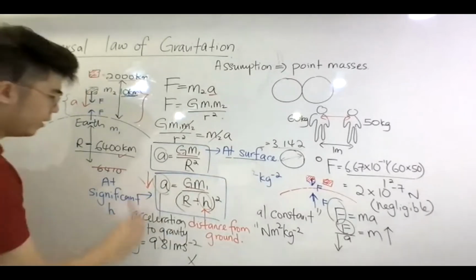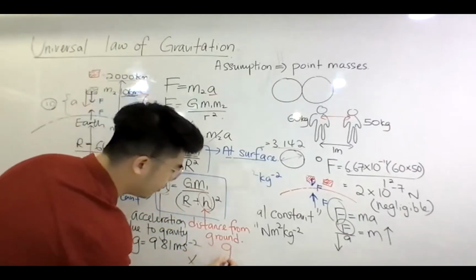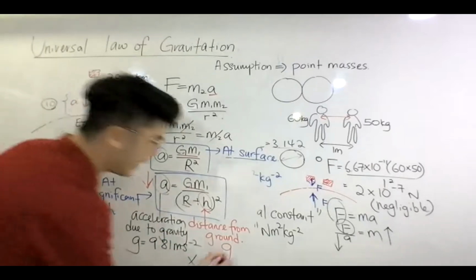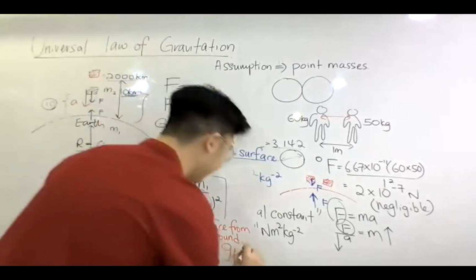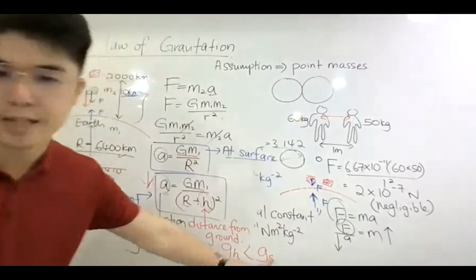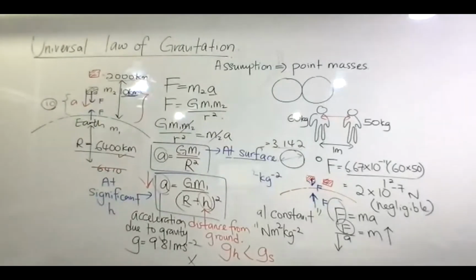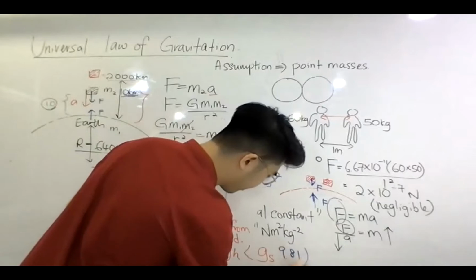Okay, so here I will call this gravitational acceleration G at a certain height, g_h, will be less than the gravitational acceleration at the surface. Surface is 9.8, right? 9.81.